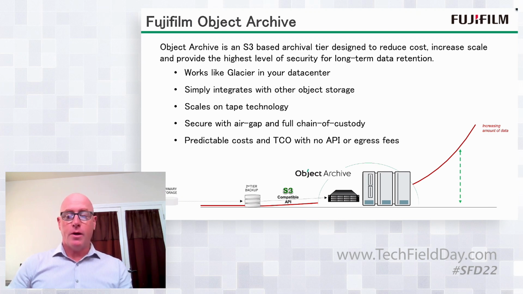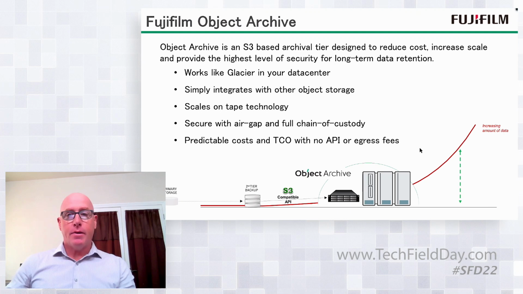It helps customers inside of their digital transformation to build a data platform for archival that has the capability of joining that hybrid cloud, being part of an S3 and API-based protocol that they're used to with cloud services. It looks and feels just like working with Glacier, but it is inside your data center.